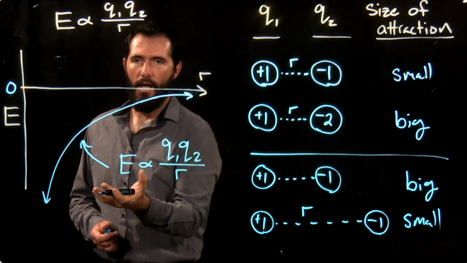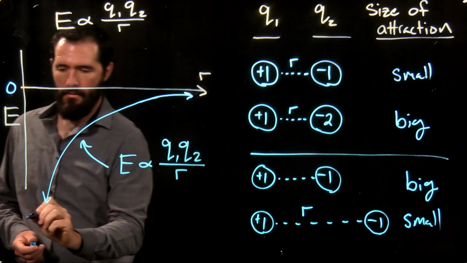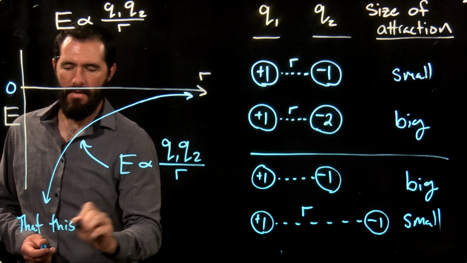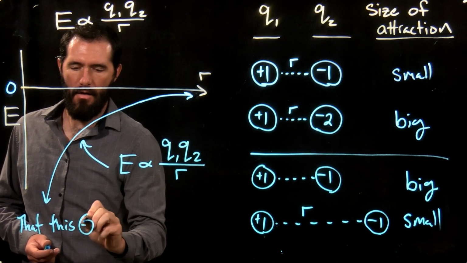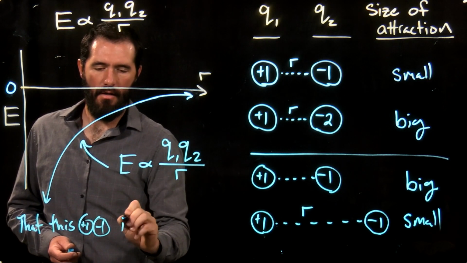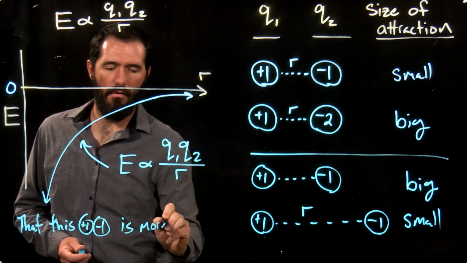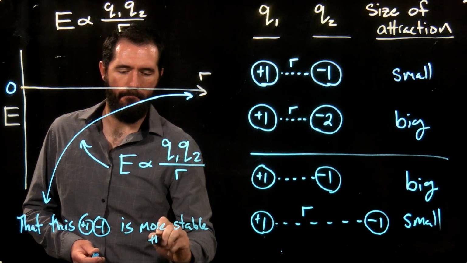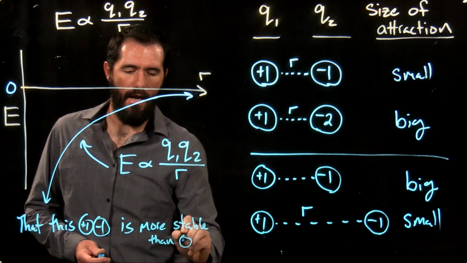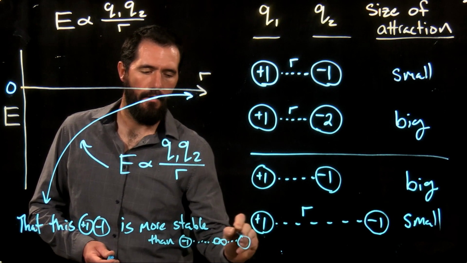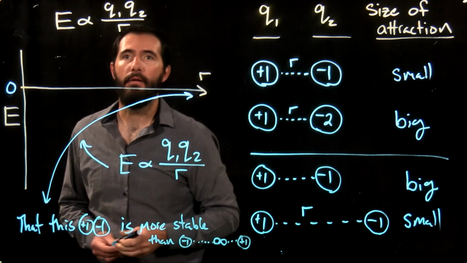What this plot is showing us is that a positive charge and a negative charge next to each other is more stable than a negative charge and a positive charge infinitely separated at some infinite distance.